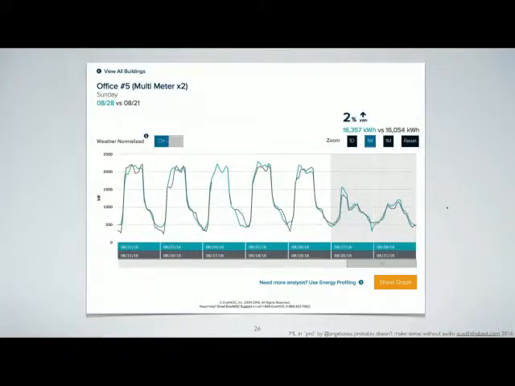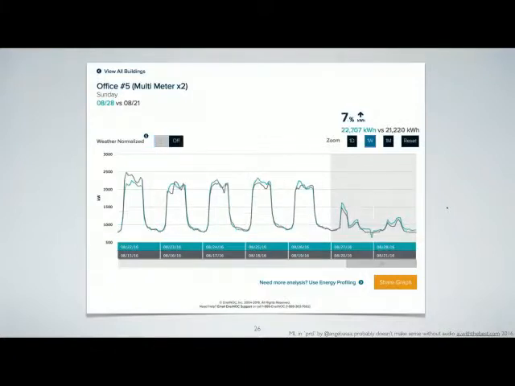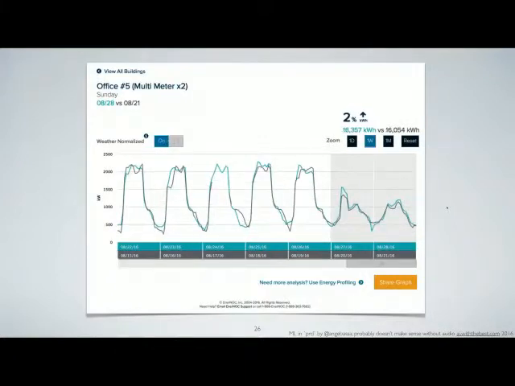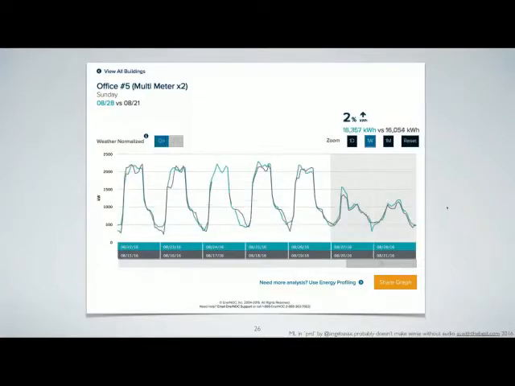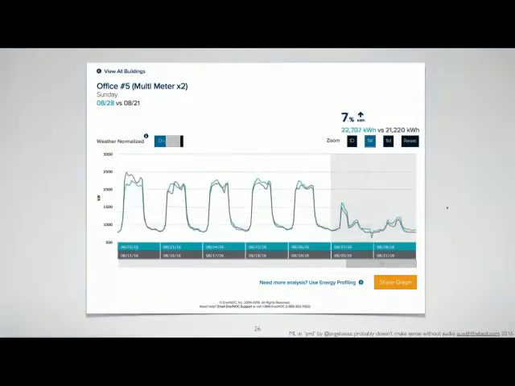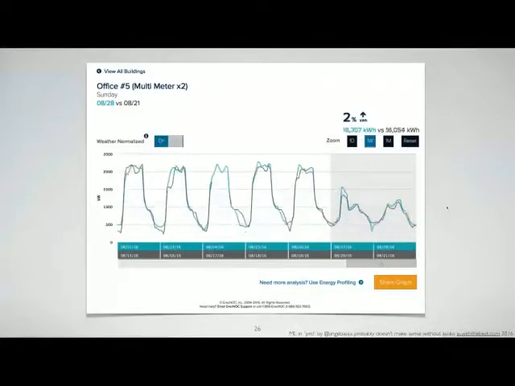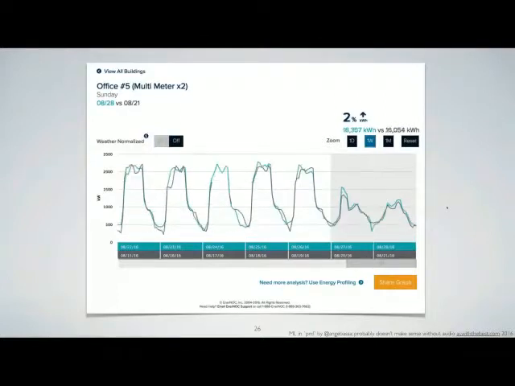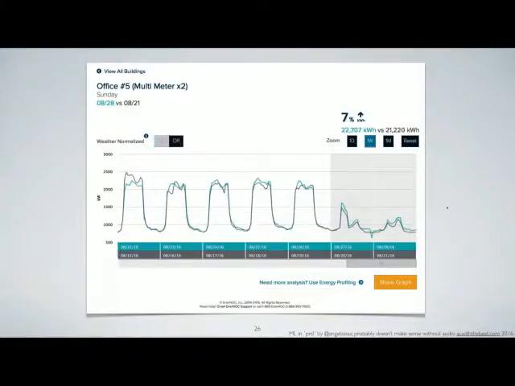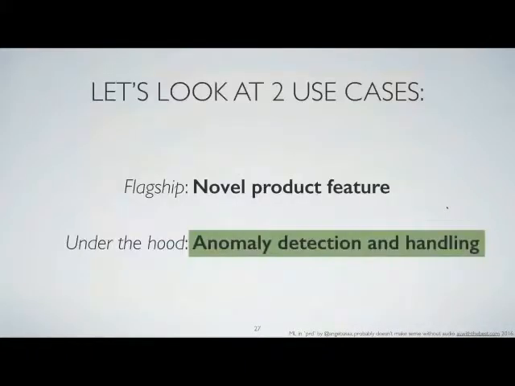But if you turn on the toggle for the weather normalization, you can see that whereas before you thought maybe your building was spending 7% more energy this week compared to last week, when you account for the fact that the weather was quite different, the building was actually only spending 2 percentage points more energy. So it's not quite as less efficient this week than it might otherwise have seemed had this calculation not taken place. So that's the first example.